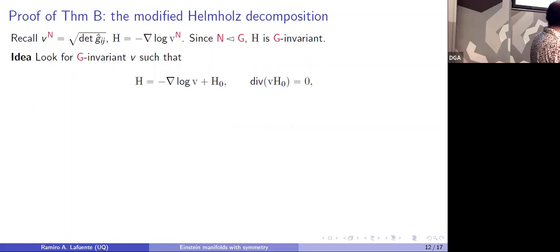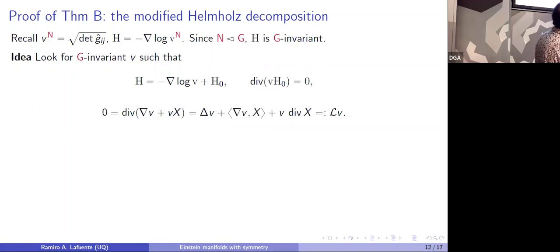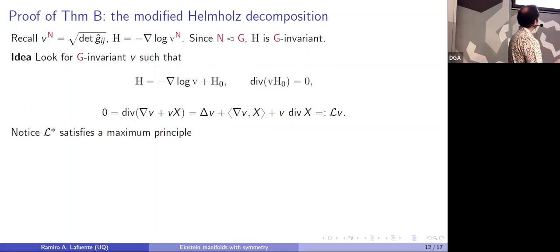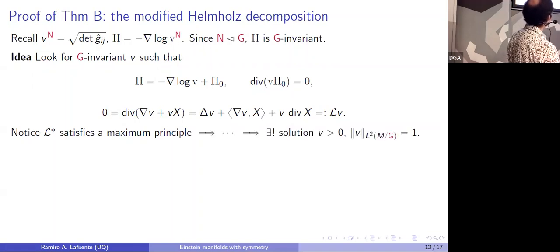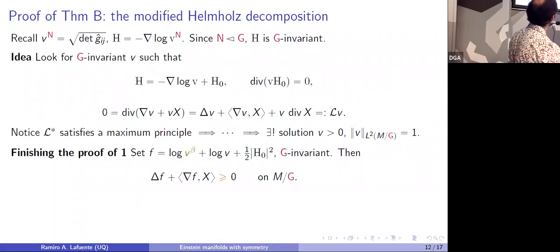Now, the problem is, of course, you need to find a positive function. So you need to solve a PDE. It's a linear PDE. And well, let's not get into details. The fact is that you can find a positive solution to this PDE. And therefore you have your G invariant V. And at the end of the day, you consider the logarithm of the beta volume density plus log V plus something else.